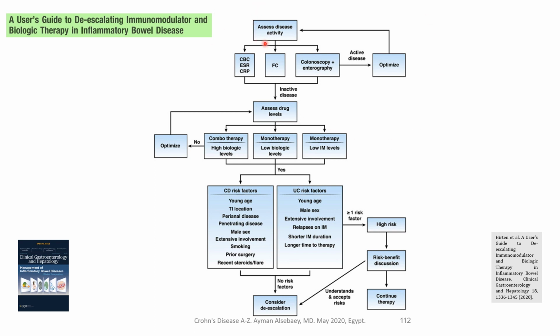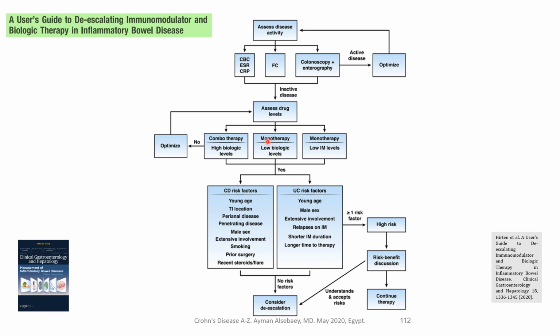In this algorithm, I will measure the disease activity by fecal calprotectin, colonoscopy, and CRE. Now I have inactive disease, so I want to withdraw my drug. I will ask which type of therapy I am giving now: monotherapy, by thiopurines or anti-TNF alone, or combination therapy.